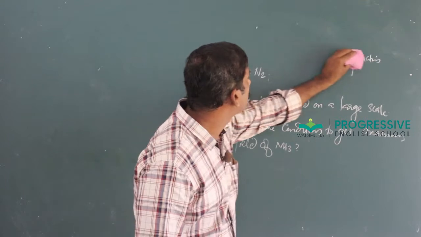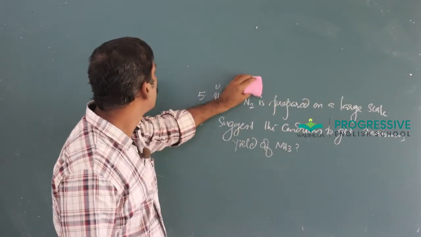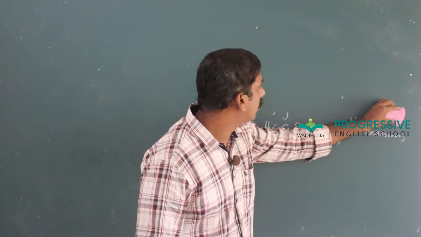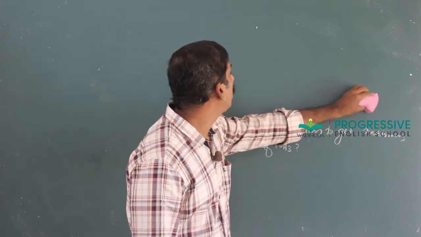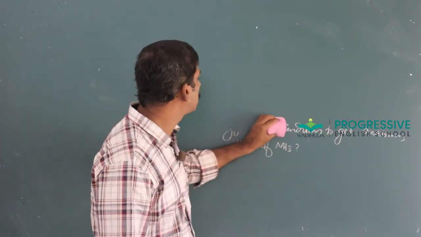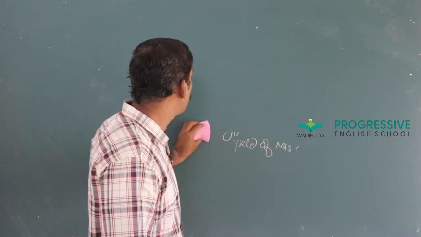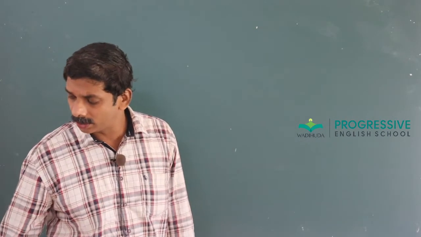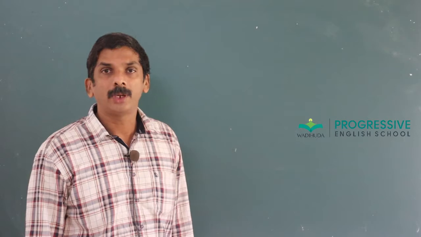According to Le Chatelier's principle, the conditions to get maximum yield of ammonia are high pressure, that is 200 atmospheric pressure, and low temperature because the forward reaction is exothermic, however an optimum temperature is used.